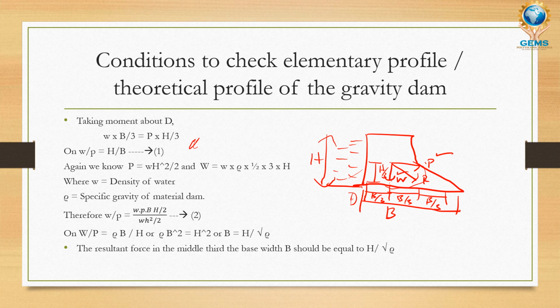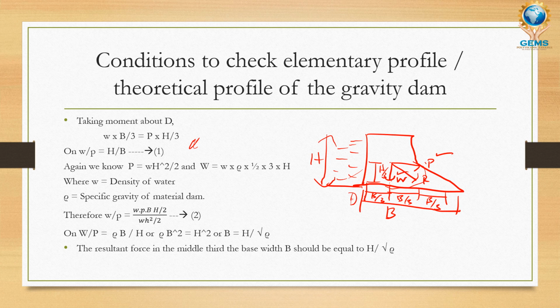P is nothing but W h squared divided by 2. This comes from the triangle formula, the area of a triangle, half into B H. Suppose you consider this as a right angle triangle, and this is the height.